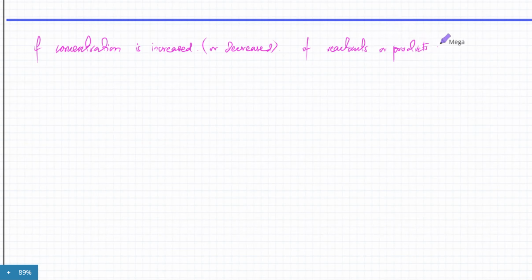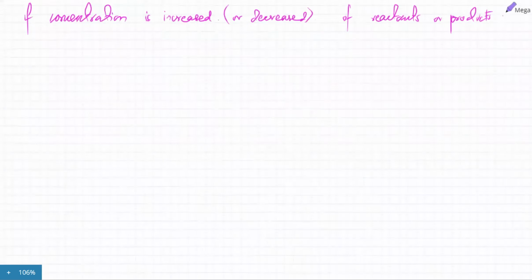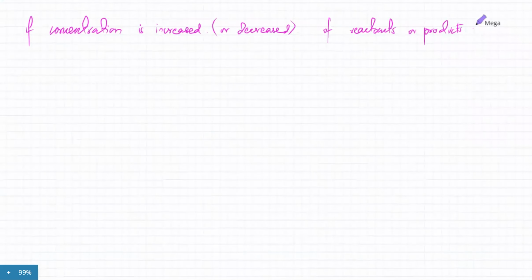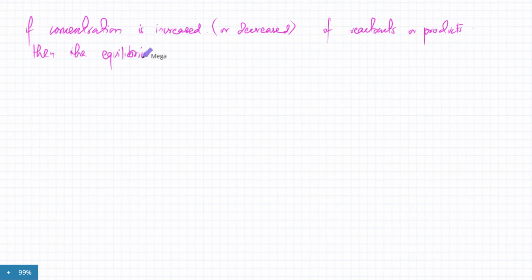If concentration is increased or decreased, of reactants or products, any one of them, then the equilibrium would try to do the opposite.